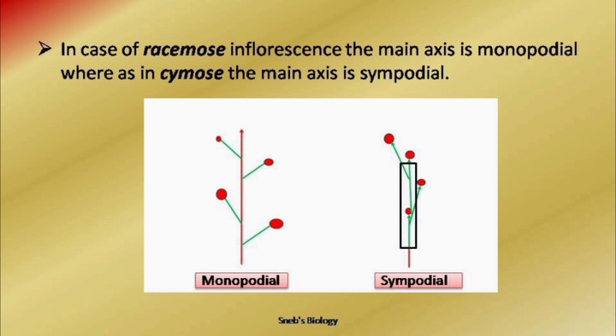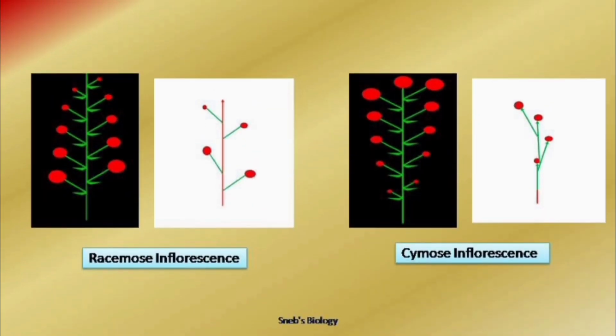So these three are the basic technical differences between the racemose and cymose types. In racemose, the main axis never terminates into a flower and grows continuously, whereas in cymose, the main axis always terminates into a flower and has limited growth. The second difference is the arrangement of flowers.